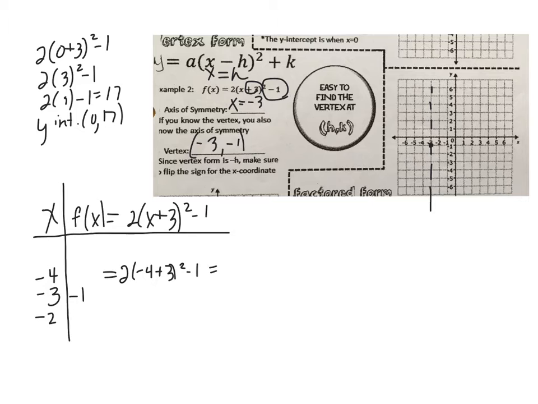I'm just doing my order of operations. -4 plus 3 is -1, squared is 1. 2 times 1 is 2, and 2 minus 1 is 1. So when x is -4, the y value is 1.